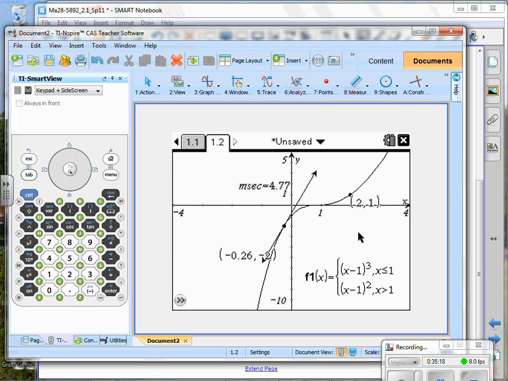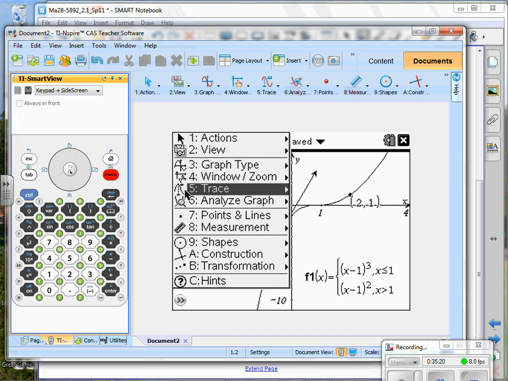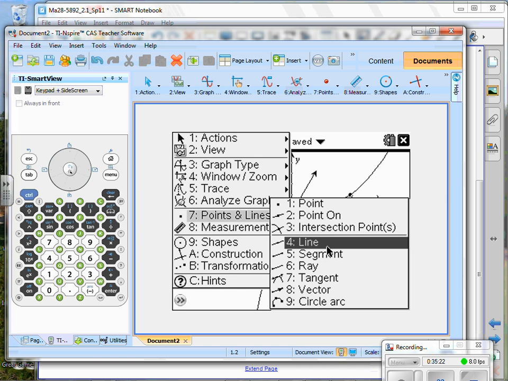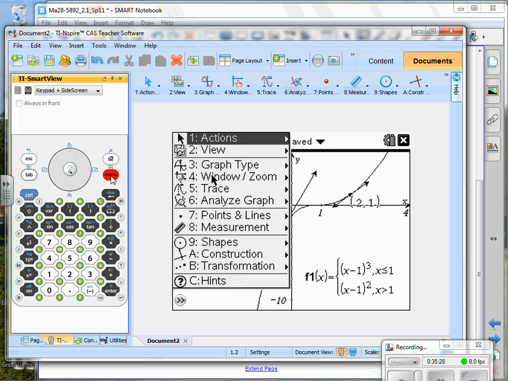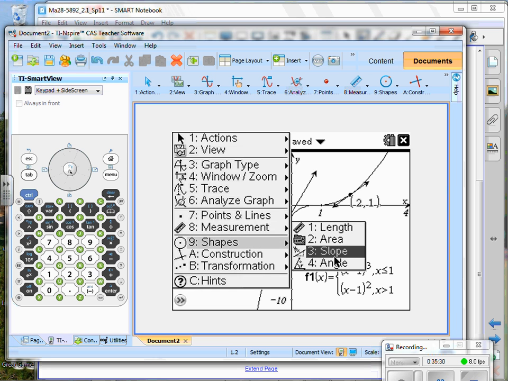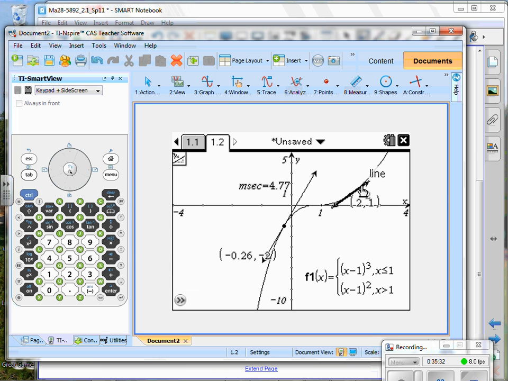Now, there's the point (2, 1). Now I need to go back and do the tangent again at this point, and we're going to measure the slope. What did I say the slope was? I got a mistake, don't I? Yeah, I got a mistake. This is a way we check our work.